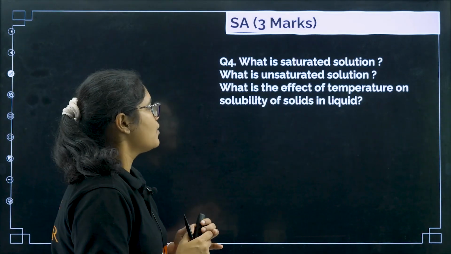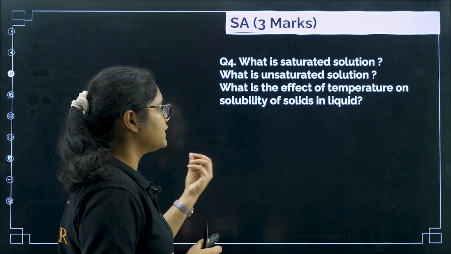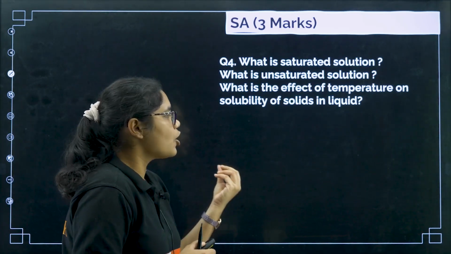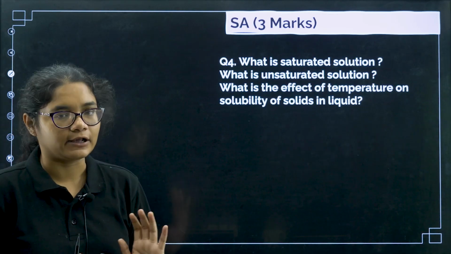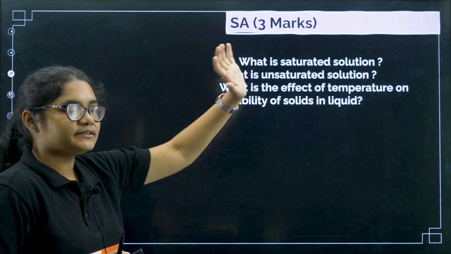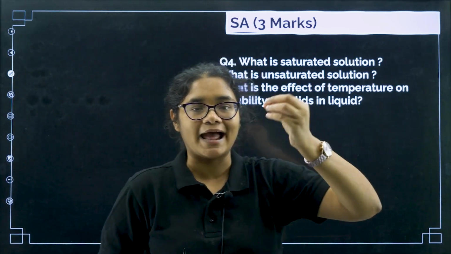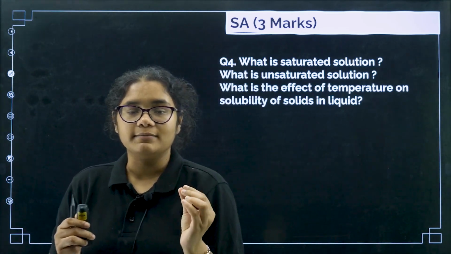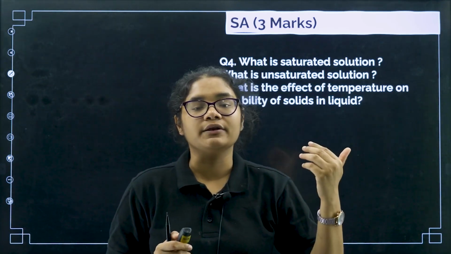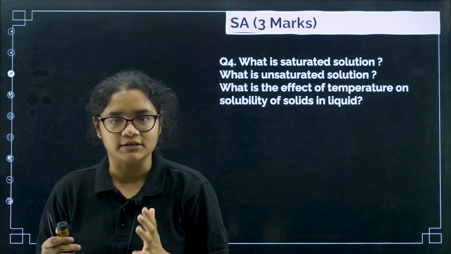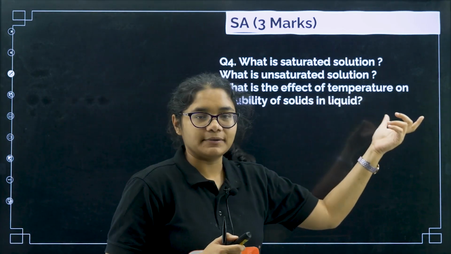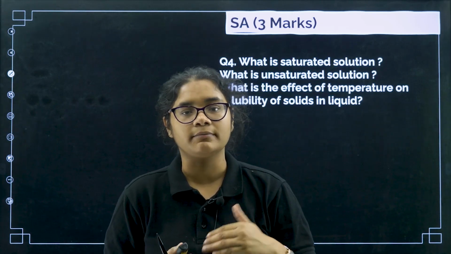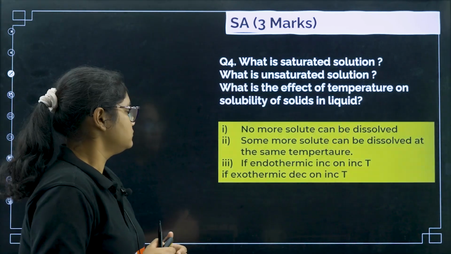Next question. What is a saturated solution? What is an unsaturated solution? What is the effect of temperature on solubility of solids in liquids? Saturated solution means when you cannot add any further solute to a solution. Unsaturated means when you can dissolve further solute in a solution at the same temperature. The effect of temperature on solubility depends on whether the dissolution is endothermic or exothermic.